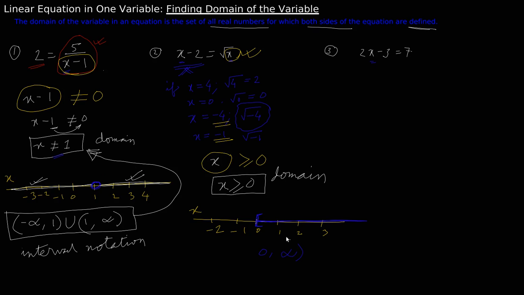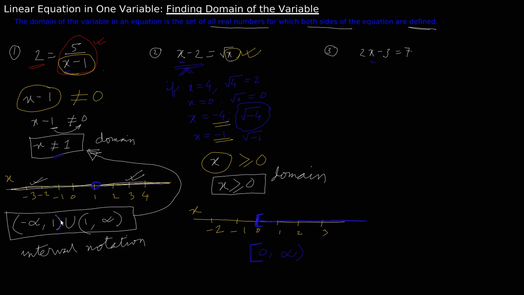Now if you notice one thing, 0 is included in the domain. That means x can take 0. So that is the reason I put a what type of sign? I put a bracket. This bracket denotes that the 0 is included in the solution. Unlike the previous one, where I put a parenthesis.